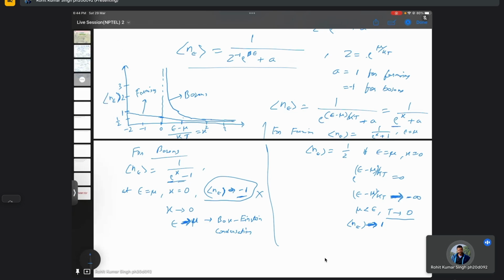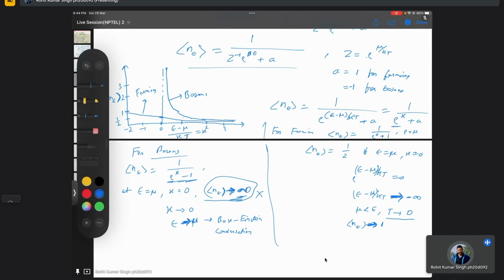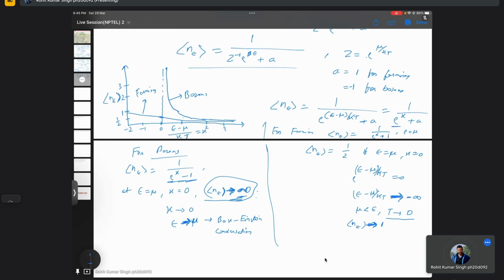So this is equal to infinity basically, because the denominator becomes 0, so this tends to infinity, and hence we have this shoot up here. And this is called the Bose-Einstein condensation.